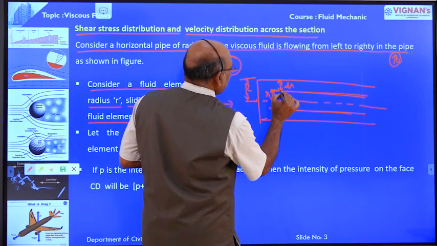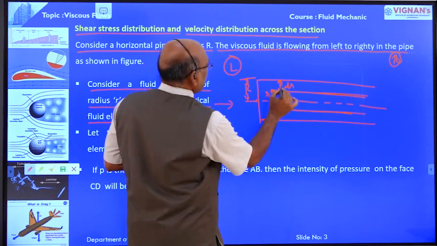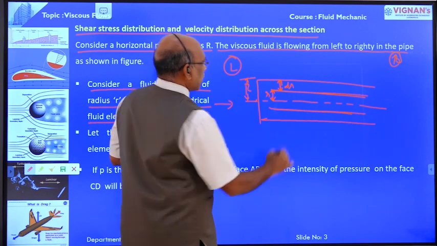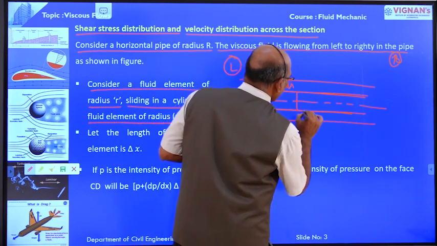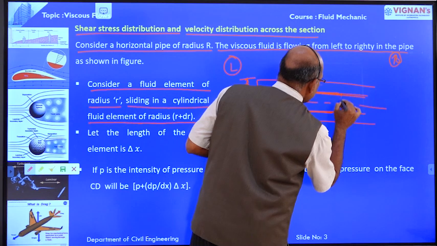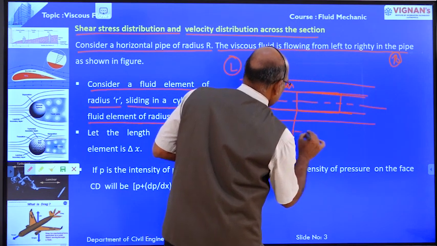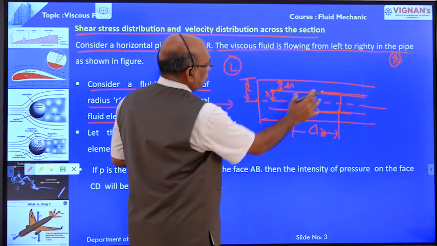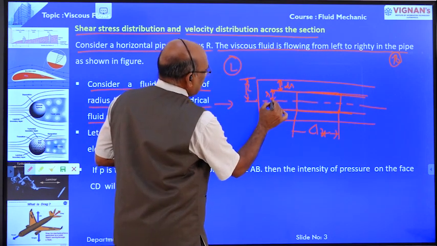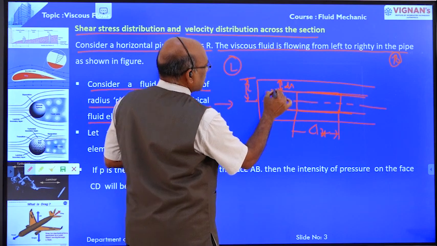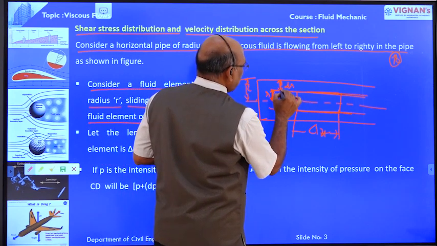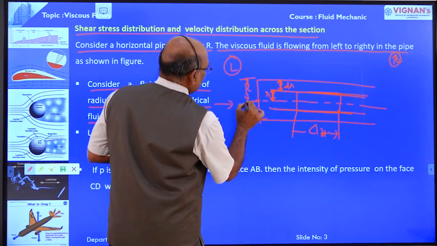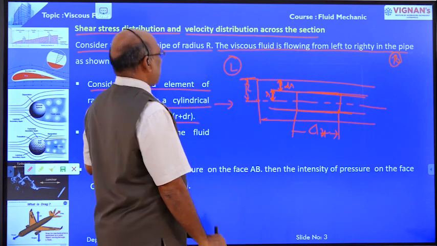Also, the length of the fluid element is taken as delta x. Delta x is the length of the fluid element. r is the fluid element radius. This is the cylindrical fluid element radius dr. This is the radius of the pipeline.